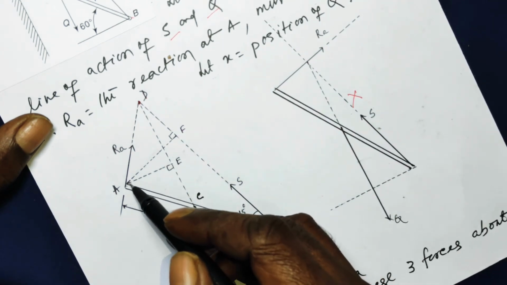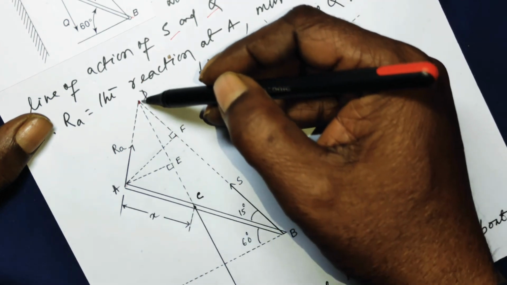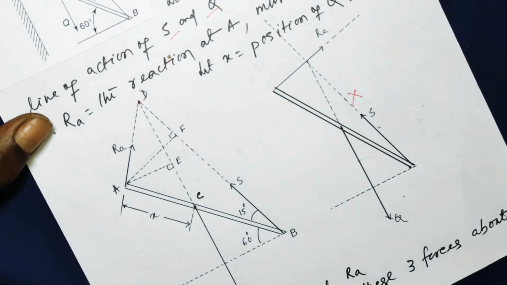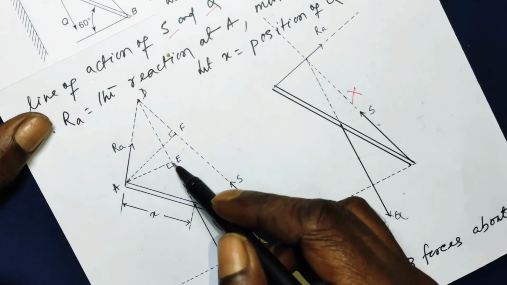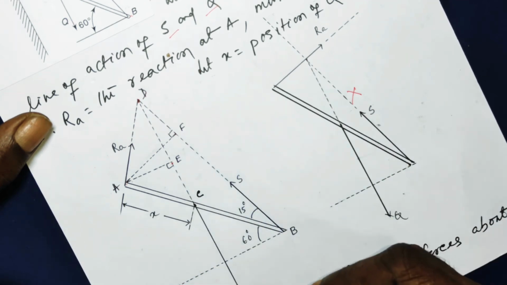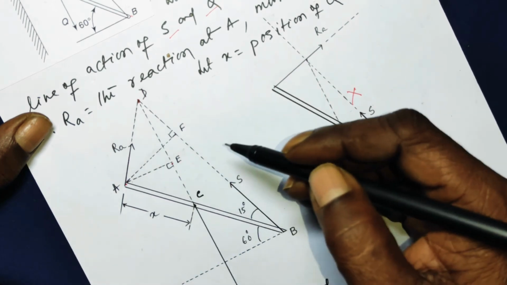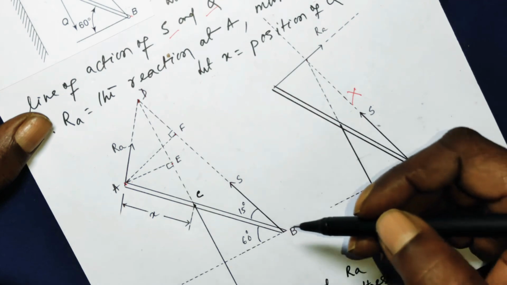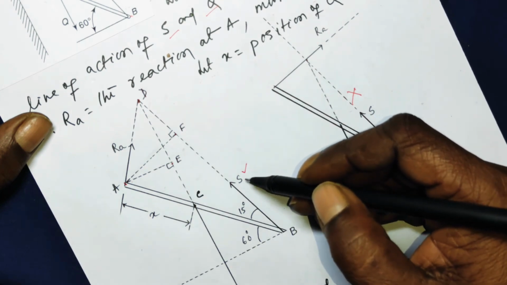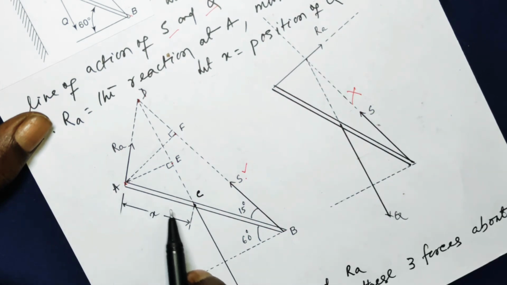Then I have drawn again a perpendicular AE on the line of action of Q, so that I can later find the value of this perpendicular distance AE, which will be used for the force Q to find its moment about the point A. And this perpendicular distance AF will later be used to find the moment of the axial force S about the point A. Now let this distance from here to here be equal to X, right?